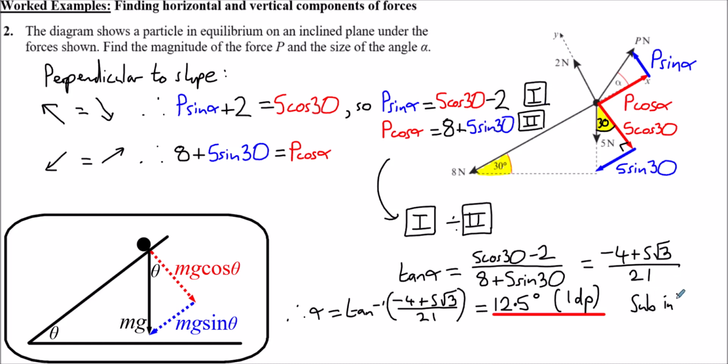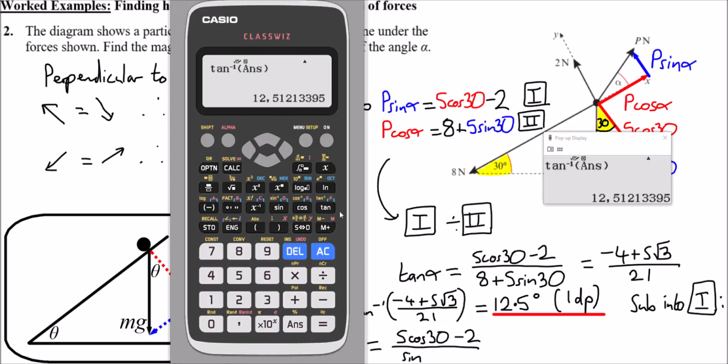If I substitute that into 1 and rearrange, I'll get that P is 5 cos 30 minus 2, and if I divide everything by sine alpha, so sine of 12.5, don't round this, because this isn't the final answer yet for the part where we're working out the magnitude.